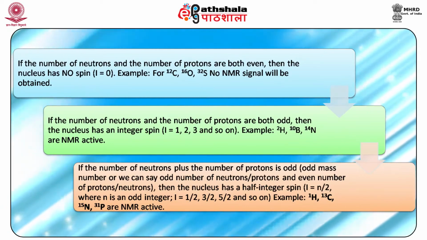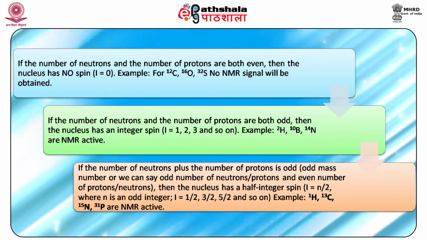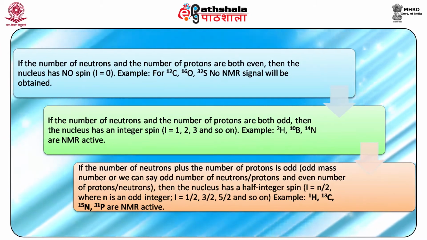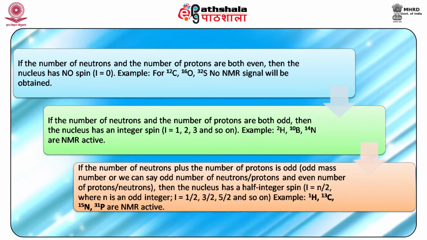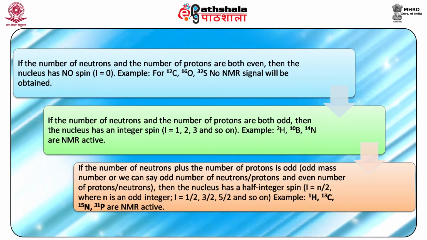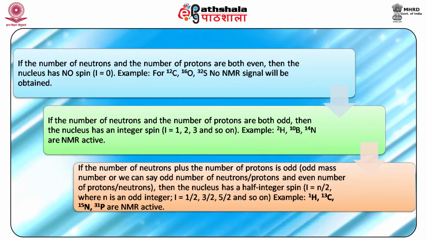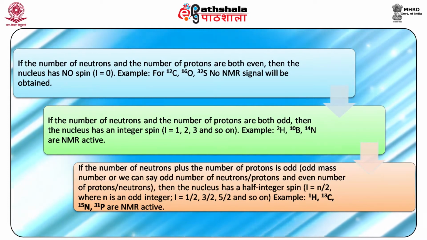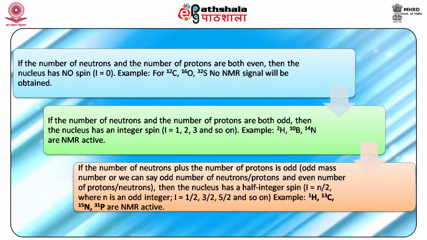The empirical rules are: if the number of neutrons and the number of protons both are even, then the nucleus has no spin, that is, the spin quantum number I has the value of 0. For example, 12C, which is a 12 carbon, 16 oxygen, 32 sulfur.